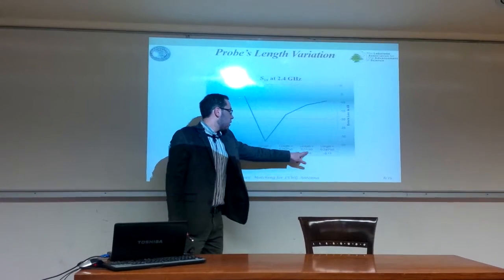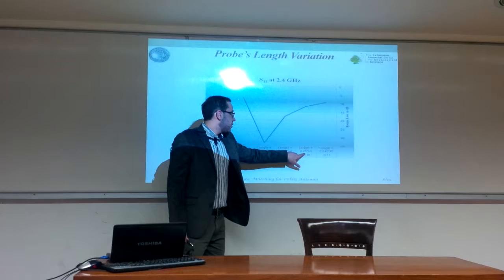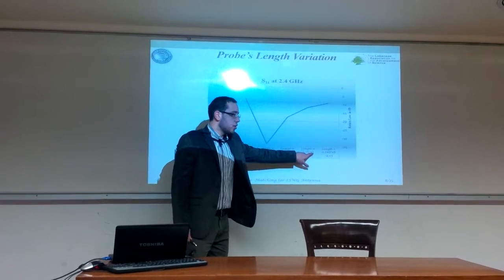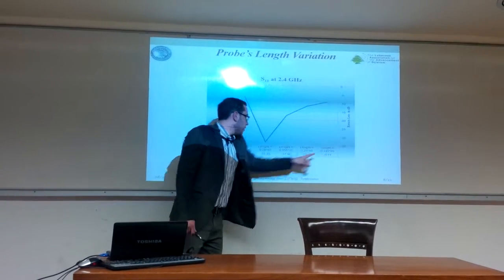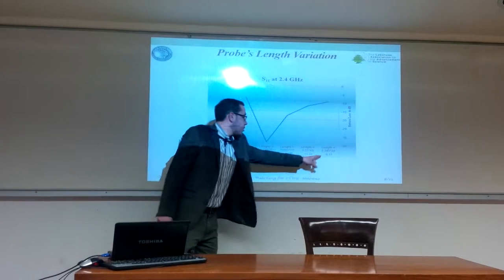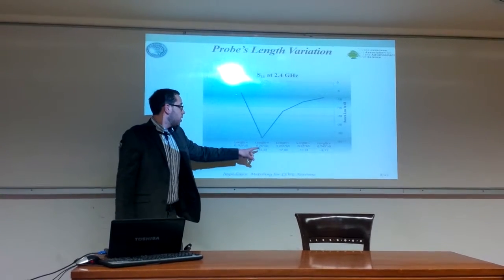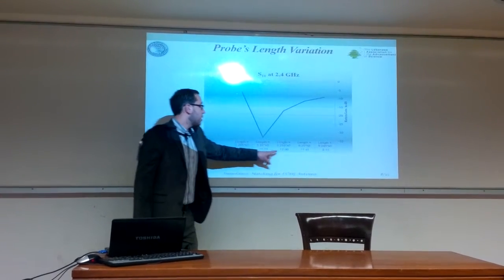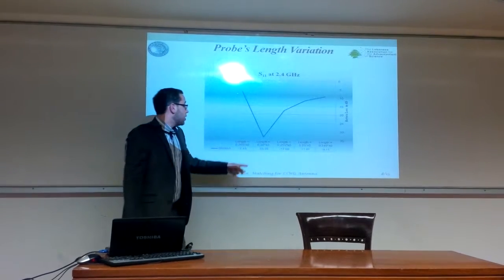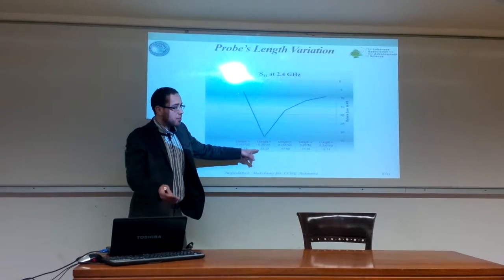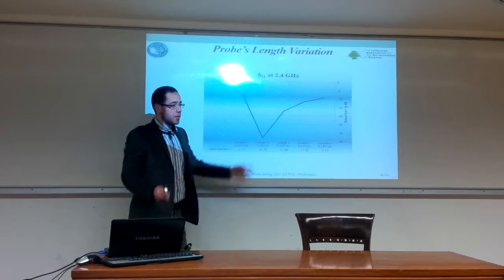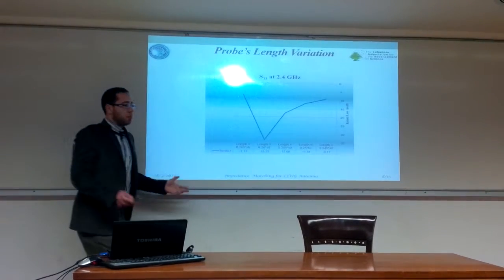So here, you have the practical length, quarter lambda 0, and we decreased it and increased it. The best length for the probe was found to be 0.26 instead of 0.25. And we gained, instead of minus 10 dB, minus 33 dB as a return loss, which is perfect matching.